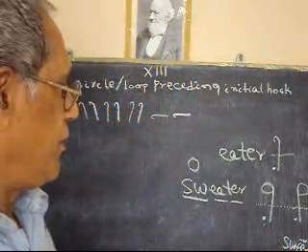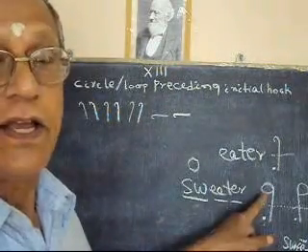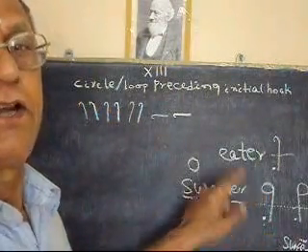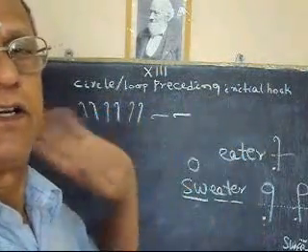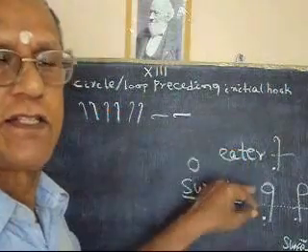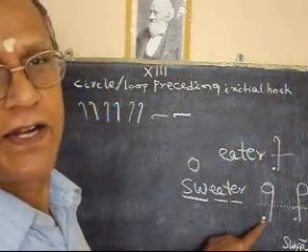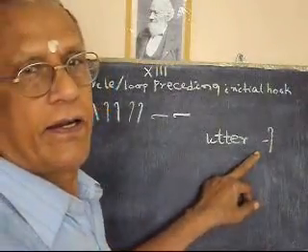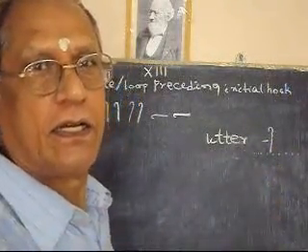Whereas, because you have written the large circle on the R hook side, it means that R consonant is implied. You have to think that there is R, because you have written on the R hook side. Sweeter. Utter.